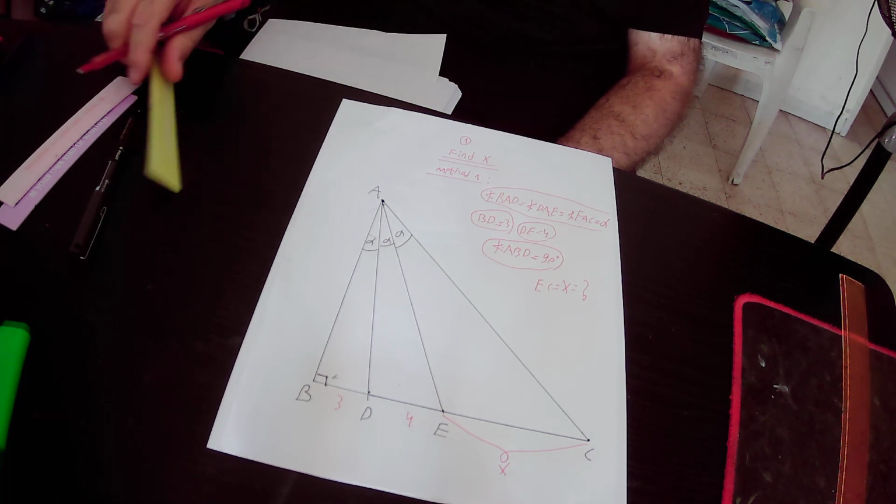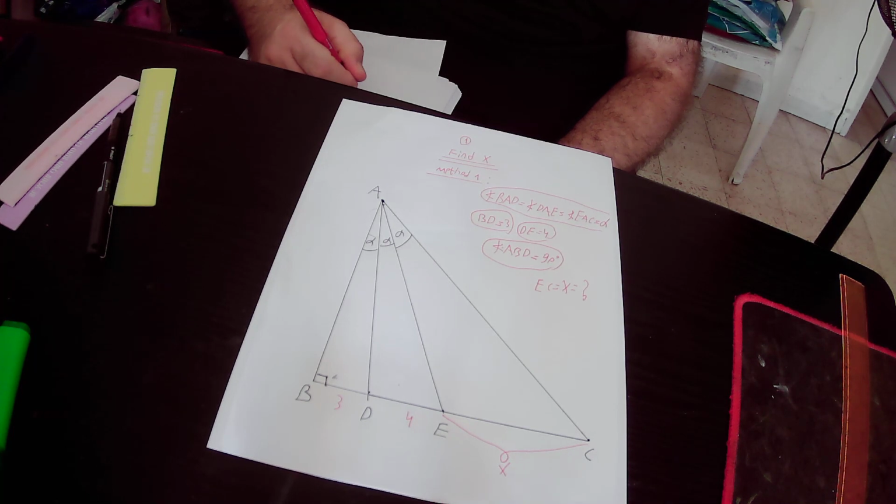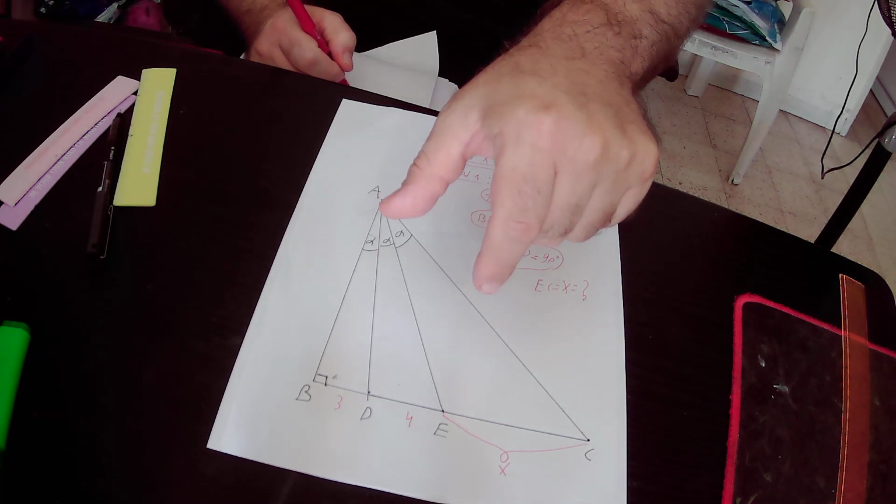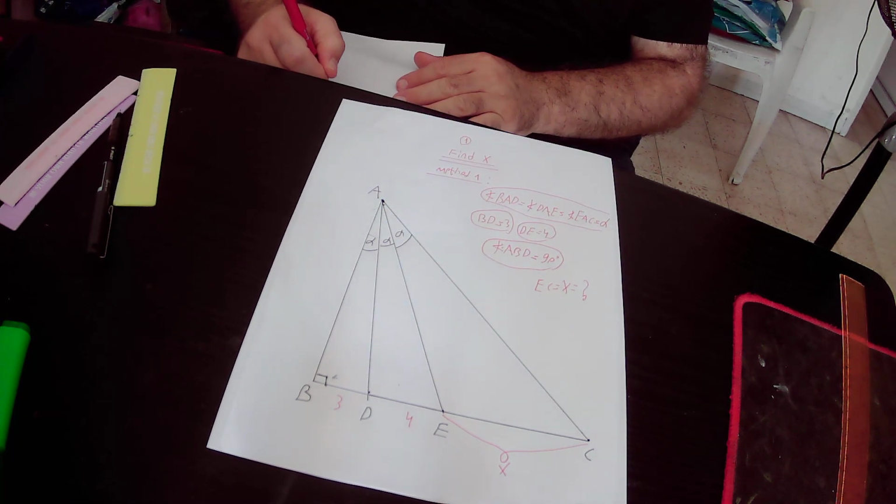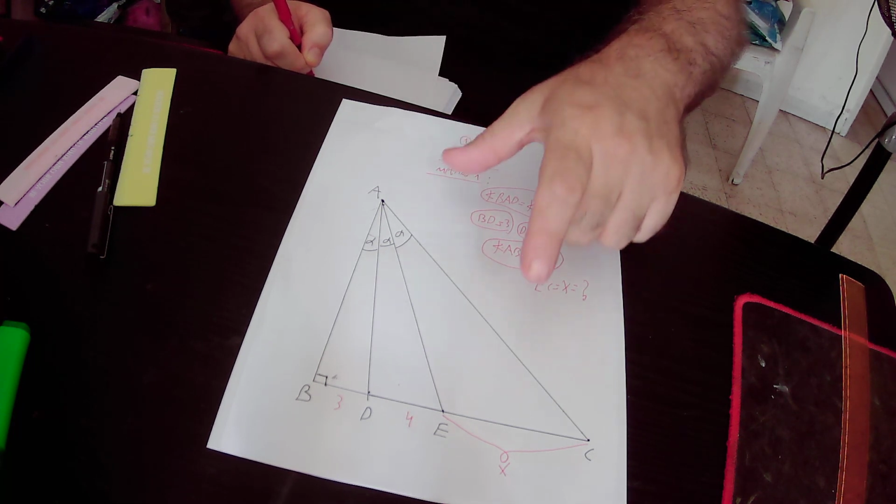That is to say, AB square plus BE square equals AE square.